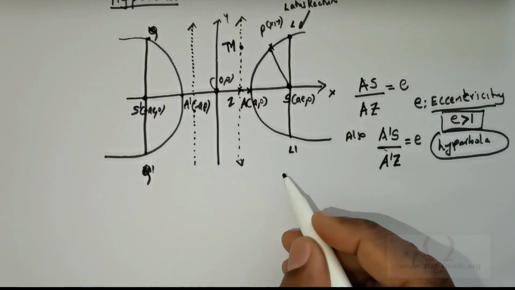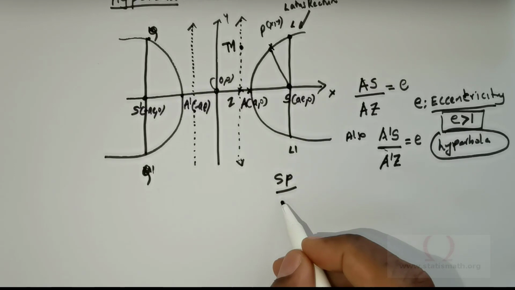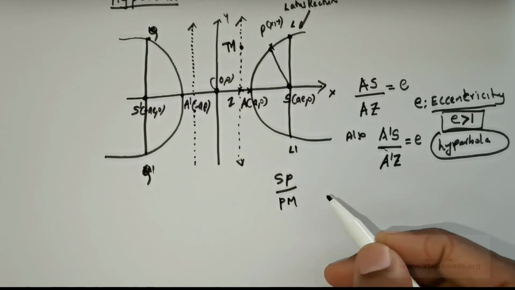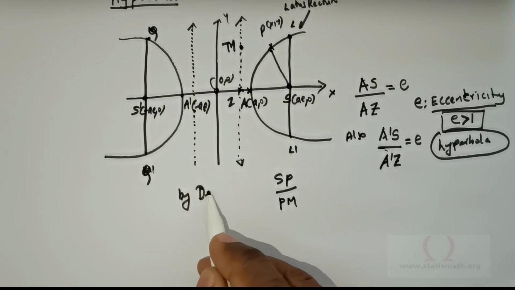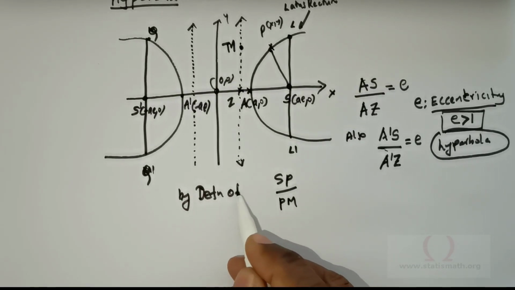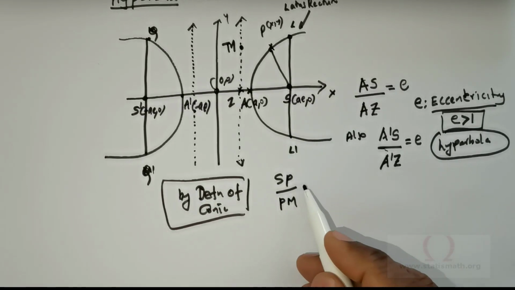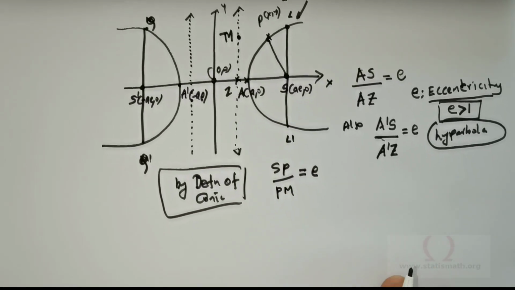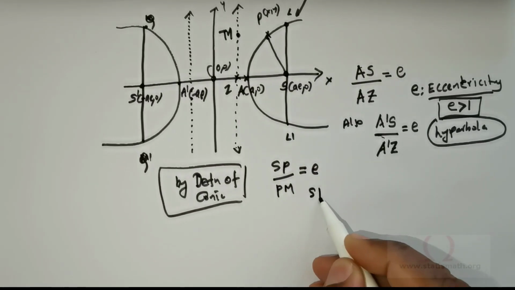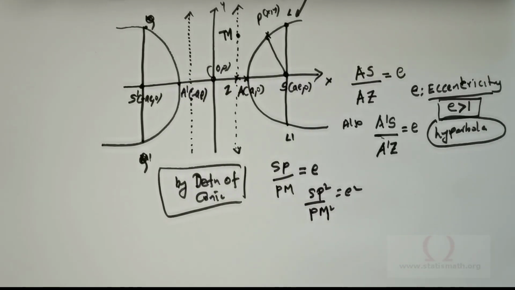So if I were to take this ratio, which is SP divided by PM, by definition of conic, SP over PM will be equal to E, and if we were to square this, we would get SP squared divided by PM squared is equal to E squared. This is what we get.